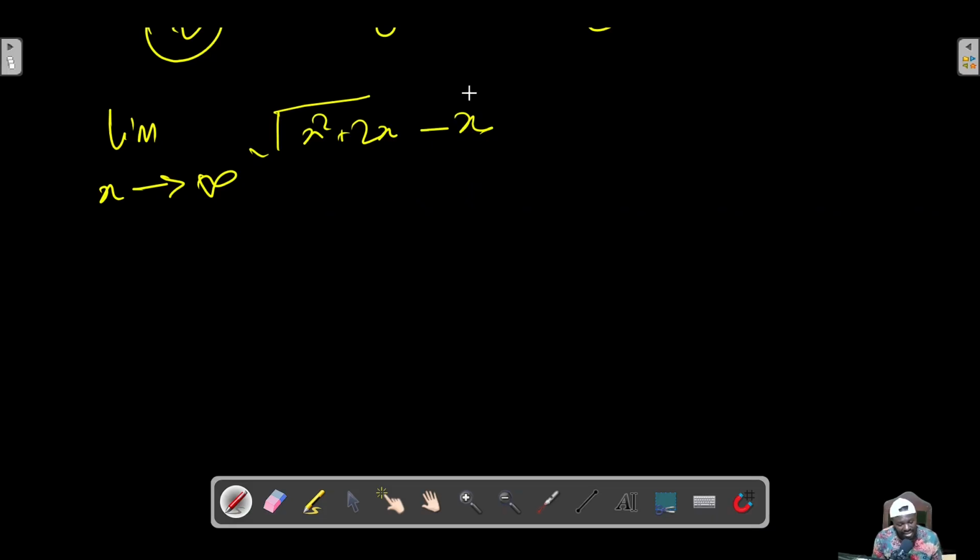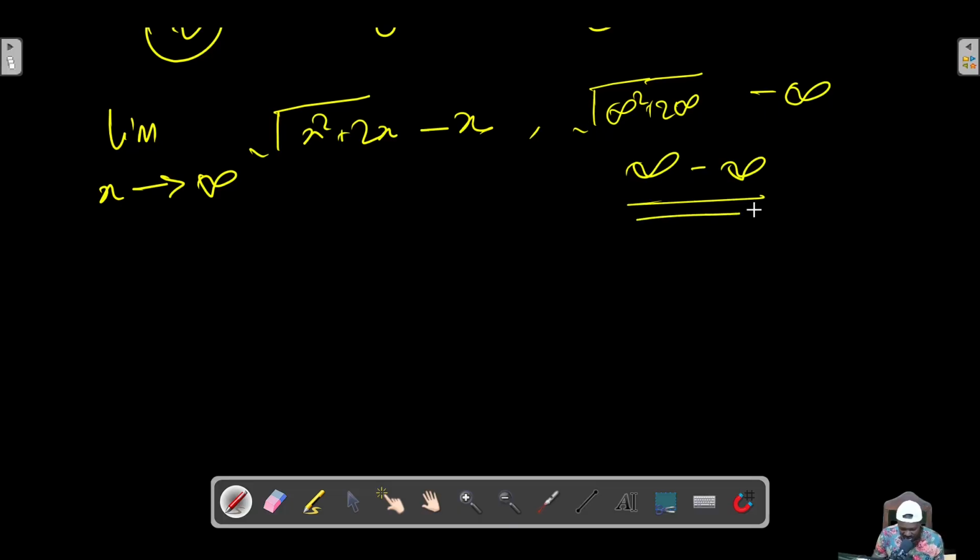If you have such a limit, after performing your direct substitution, what do you end up with? You end up with the square root of infinity squared plus 2 times infinity, minus infinity. All this gives infinity minus infinity. So you're ending up with an infinity minus infinity term, right? This is the form you're ending up with.